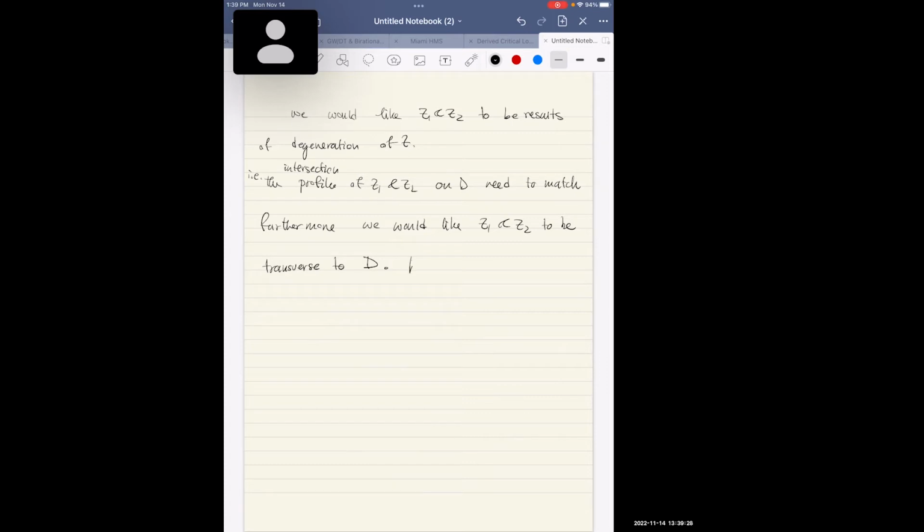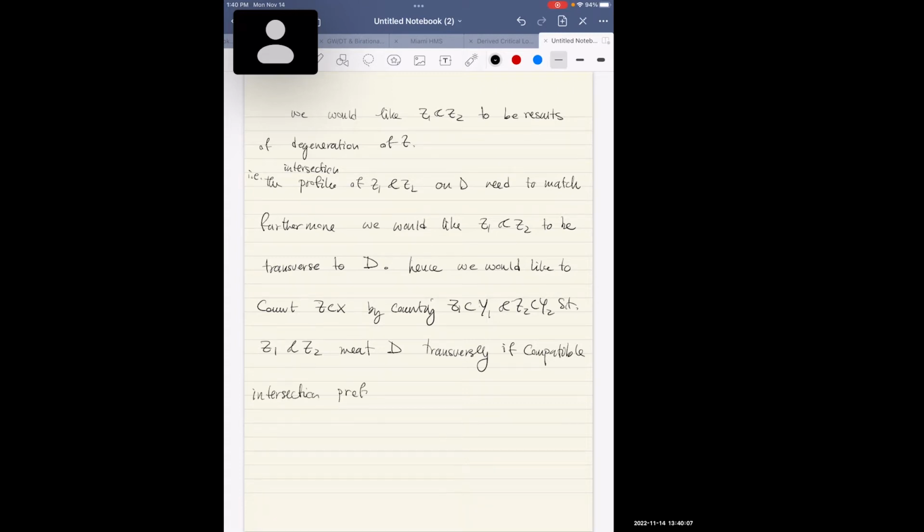So hence we would like to count Z in X by counting Z1 in Y1 and Z2 in Y2 such that Z1 and Z2 meet D transversely with compatible intersection profiles.